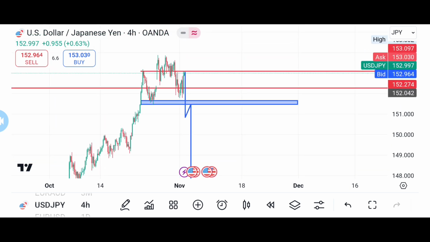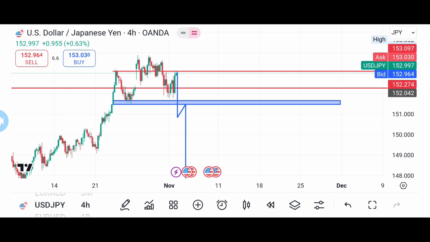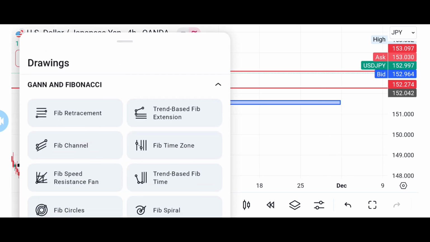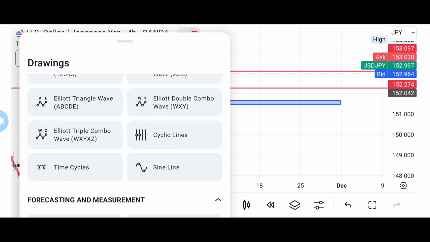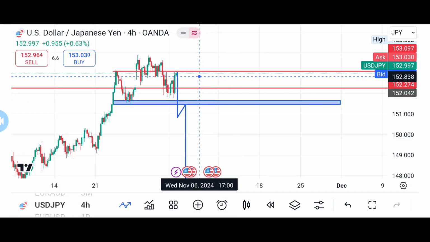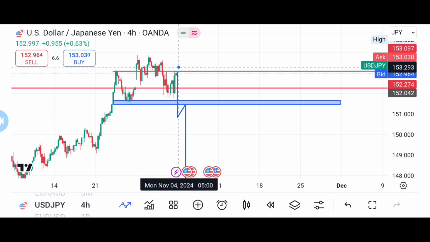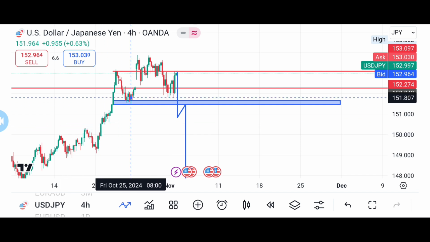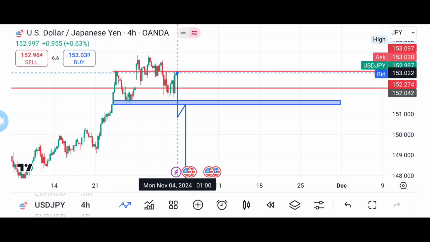Now, another rule: the market should not break this shoulder. Let me show you. The market should not break this zone with a bullish body candle. A bullish body candle is like this. So the market should not break this zone upward with a body.